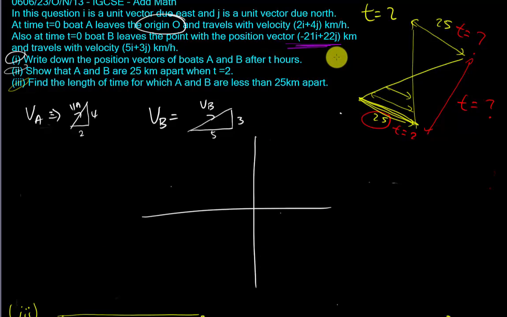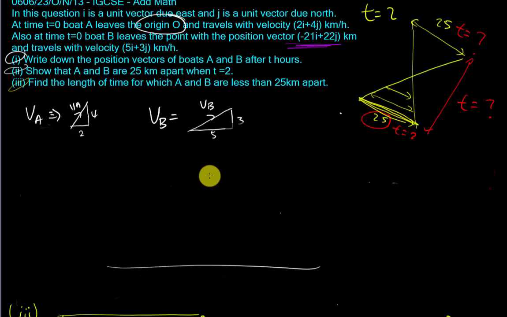Negative 21, 22. B will be somewhere there. Okay, just assume B is somewhere here. Here will be negative 21 and here will be 22.